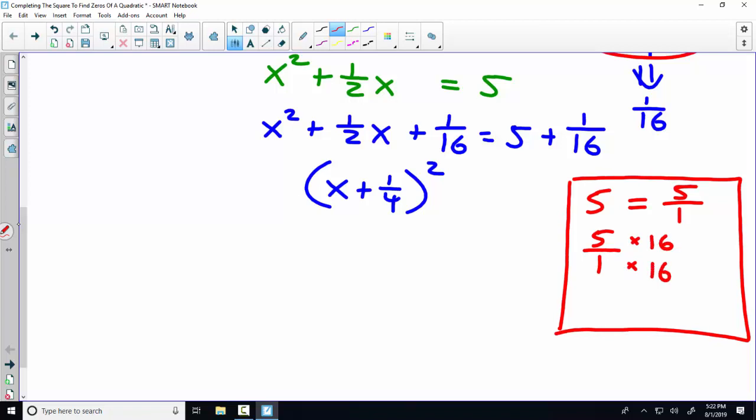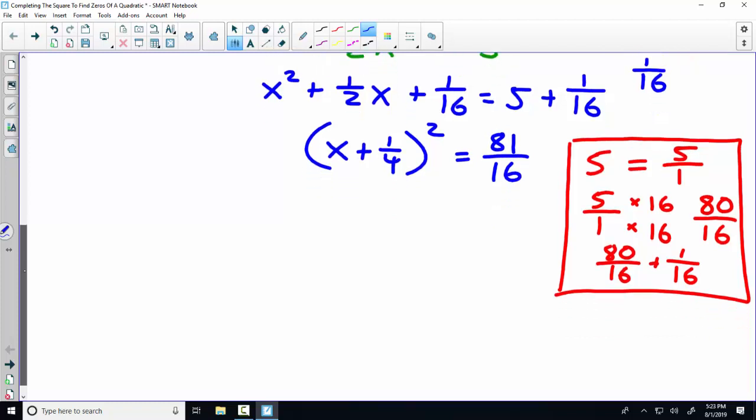So 5 times 16 is going to be 80, and 1 times 16 is going to be 16. So on the right side of the equation, what we really have is 80/16 plus 1/16, and we get 81/16. Don't worry, it will work out well in the end.